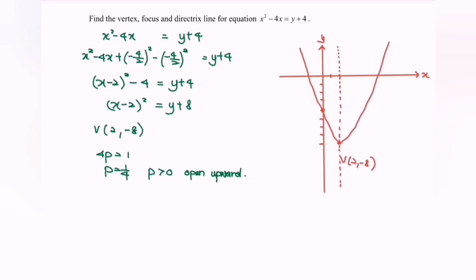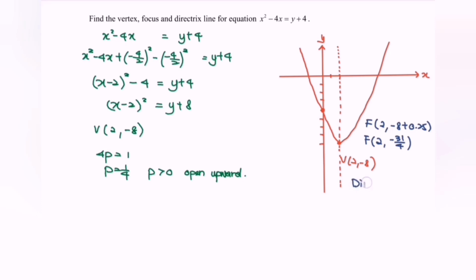Next is to find the focus. So here we have the focus, with the distance 0.25. So it means that we have focus 2, negative 8 plus 0.25, because moving upwards. So the focus will be 2, negative 31 over 4. Next is to find the directrix.